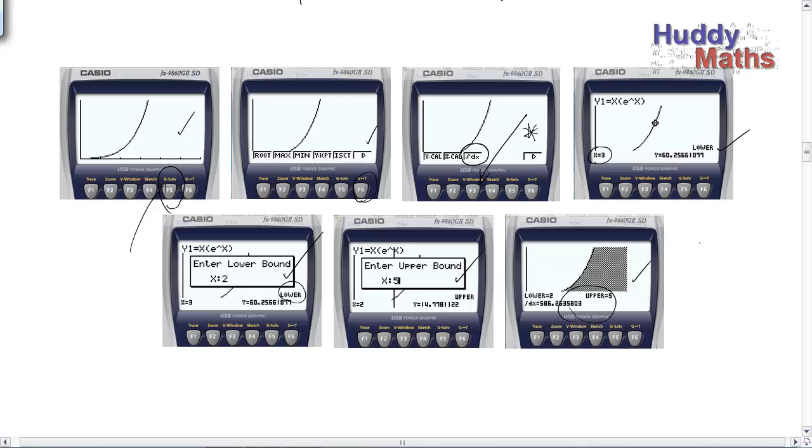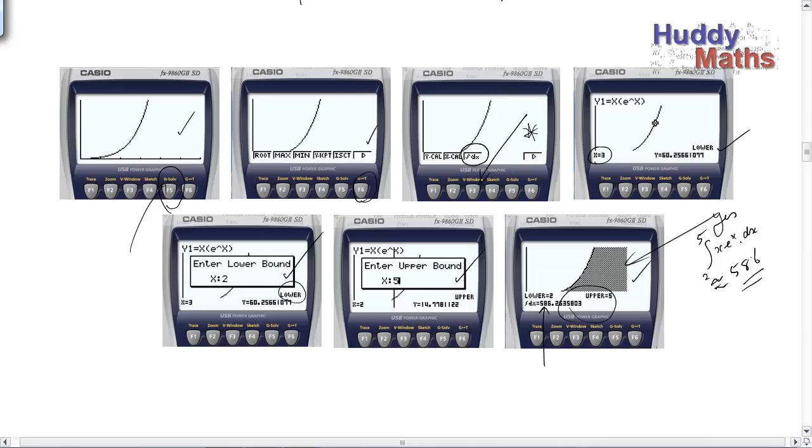So the actual answer to this definite integral, here it is, that's the answer. If somebody said, does that mean the area under the curve? You've got a picture here and you can say yes. The definite integral of x e to the x dx from 2 to 5 is equal to 586 approximately.